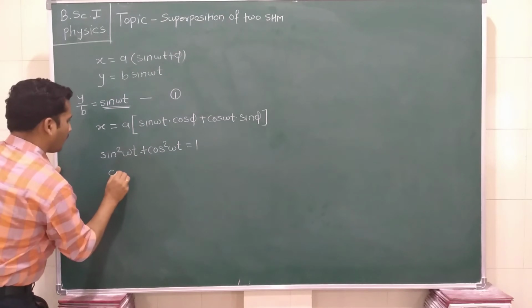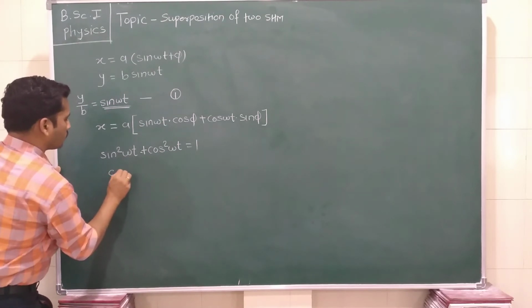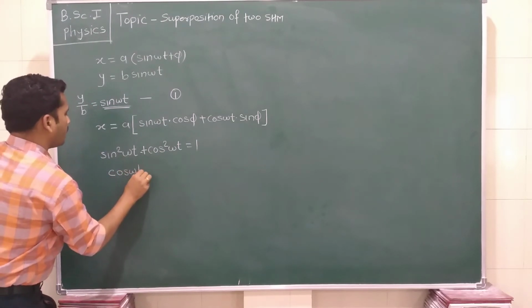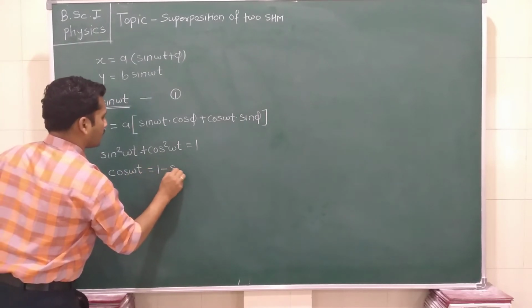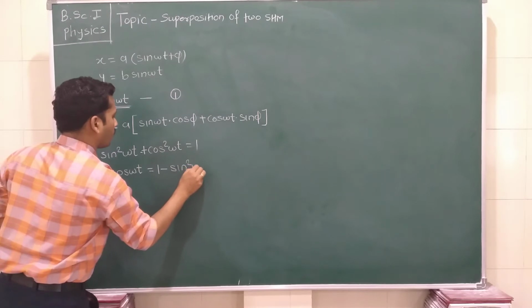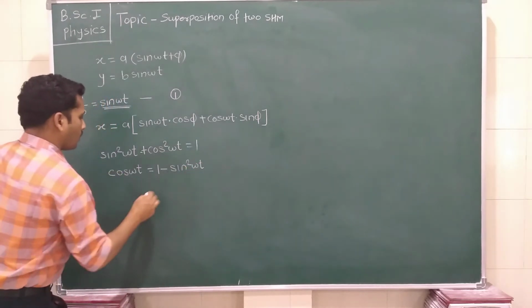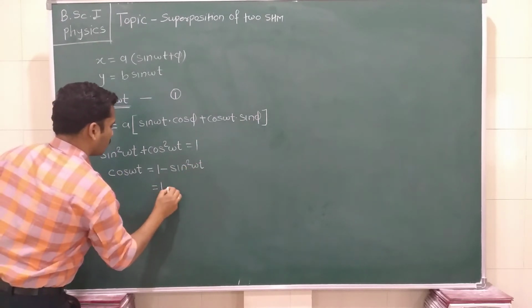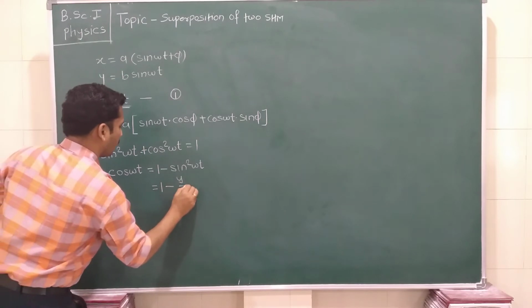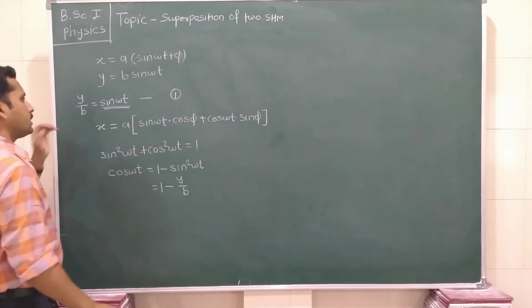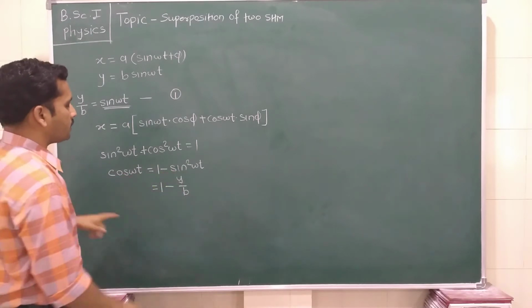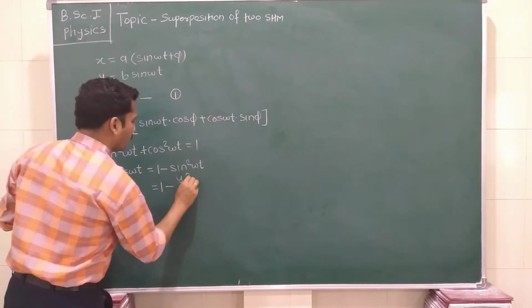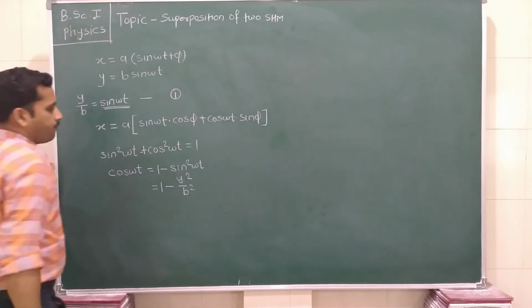So I can write cos square omega t is equal to 1 minus sin square omega t, or 1 minus y square divided by b square, because sin omega t is equal to y by b, therefore sin square omega t is y square divided by b square.